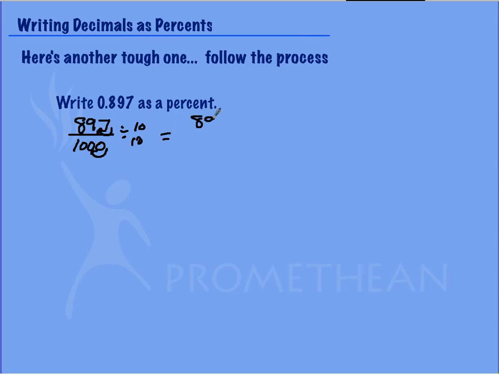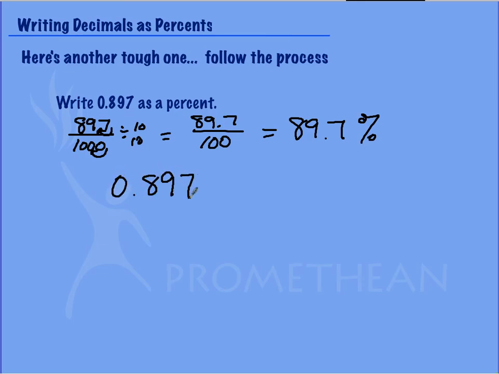You get 89.7 over 100, which would be 89 and 7 tenths percent. Or, this is where following that process makes it a little easier. We're multiplying it by 100 to change it to a percent. So we move it twice to the right, which gives you 89 and 7/10%.